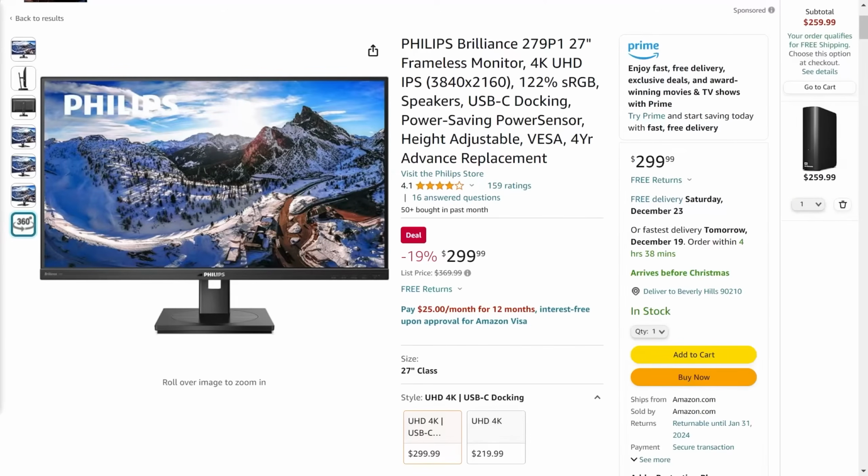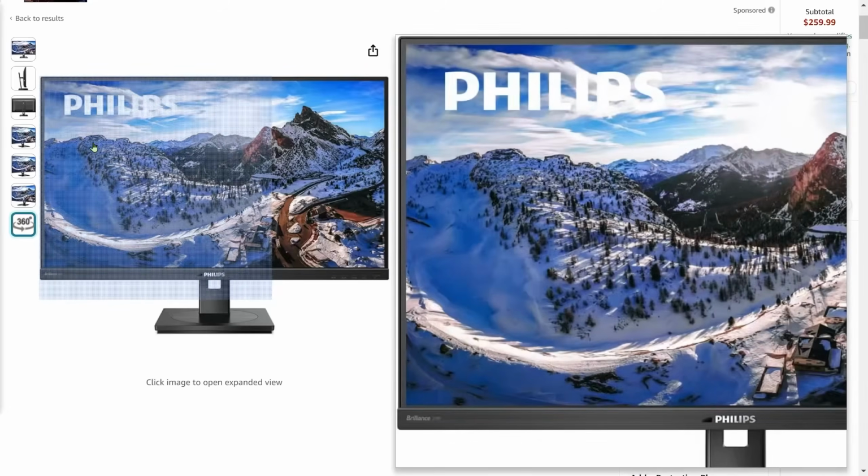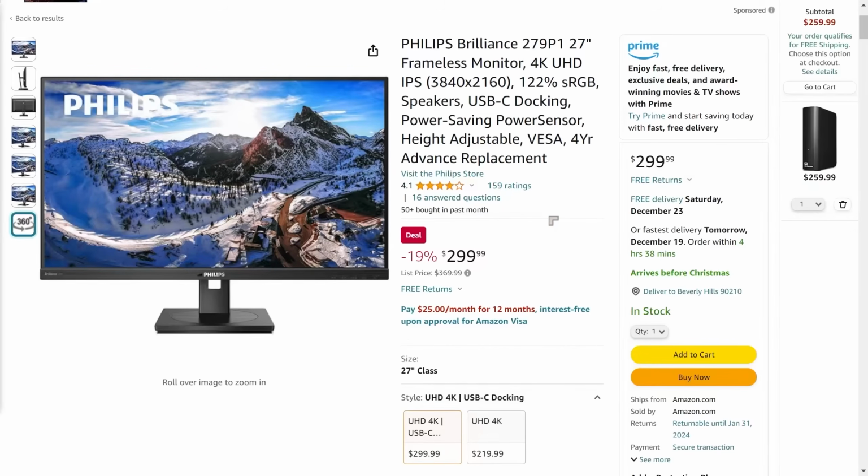Now I'm going to link to all of these monitors in the description, and because we don't have anything similar in terms of the specs in the United States from Philips, I'm going to possibly link to this guy here, which is the Philips Brilliance monitor. This is a 4K monitor with a very good sRGB coverage of 122.